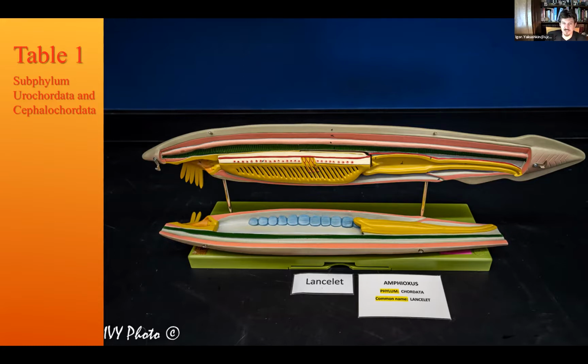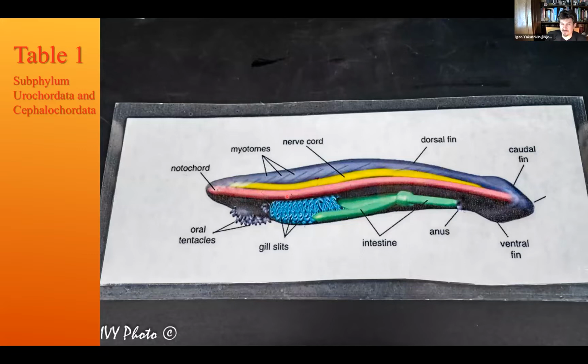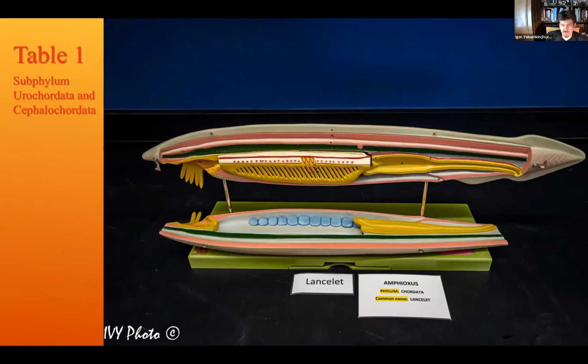Here's the key, just in case. The colors are different, so gill slits, then the notochord. The notochord will be green on the model, right there, the dark green. And then light pink is the nerve cord. So you will need to be able to identify the hollow nerve cord, notochord, pharyngeal slits, postanal tail. Well, the tail is kind of given, right?